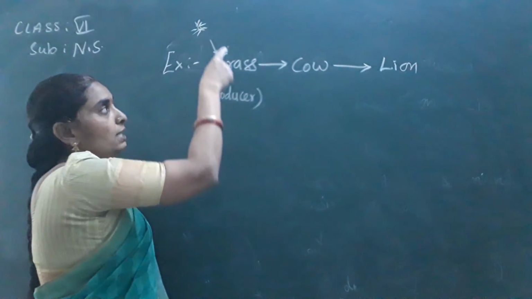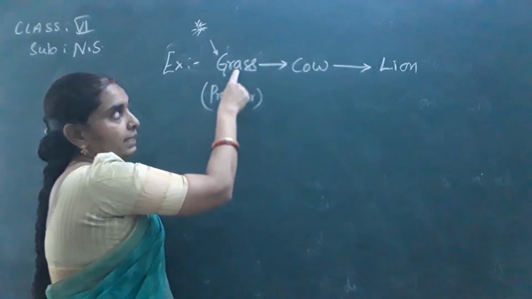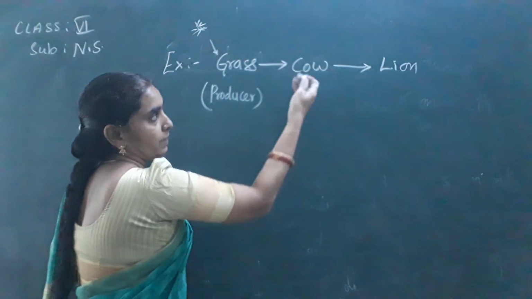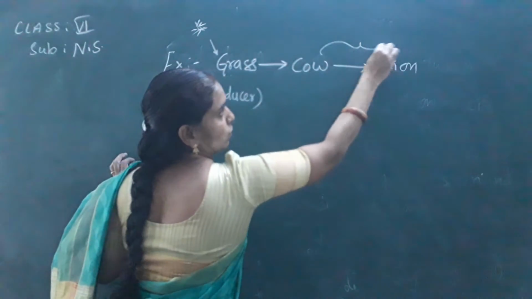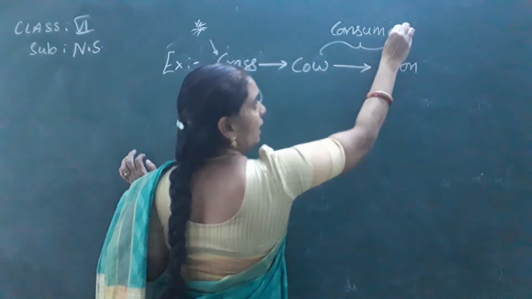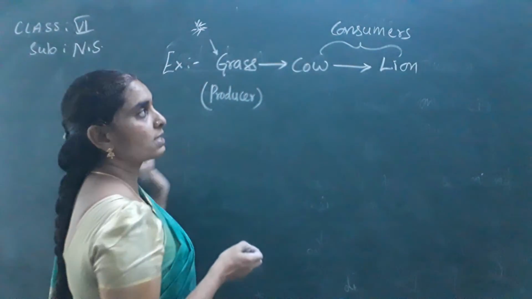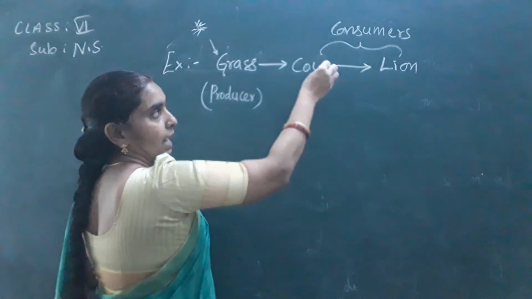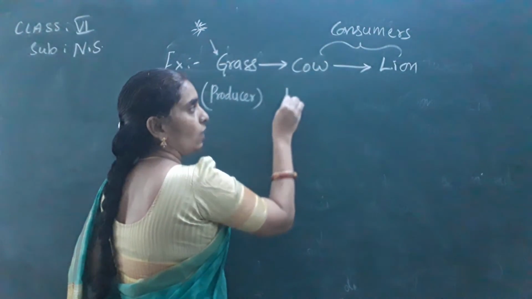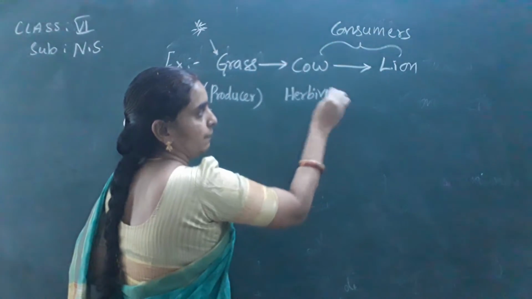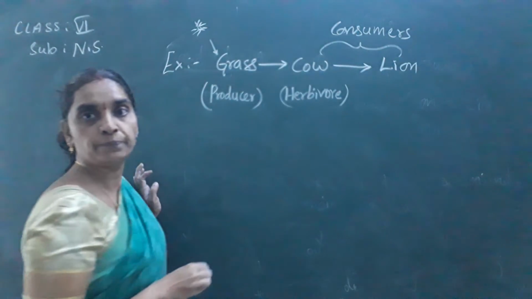Solar energy is taken by the grass, and the energy is transferred to the consumers. That is, these two are consumers here, isn't it? Cow and lion are consumers because they consume food from the grass. Here cow is a herbivore since it depends on only plants and plant products for its food.